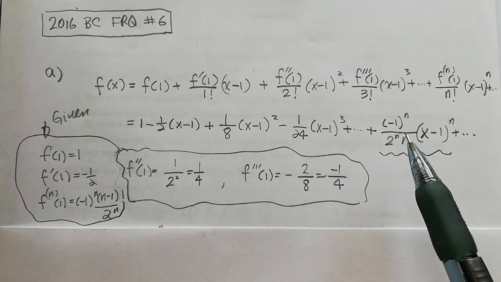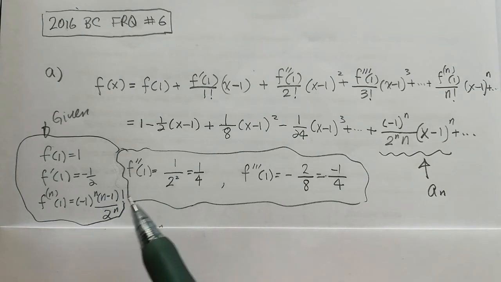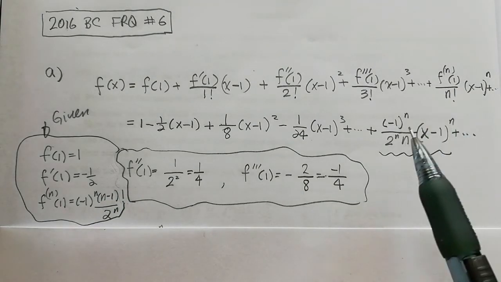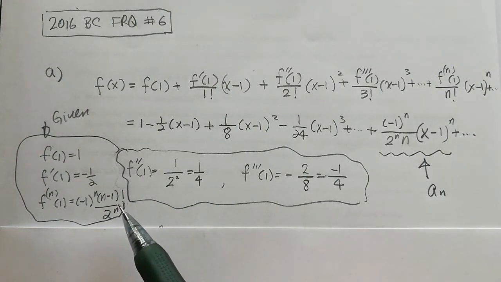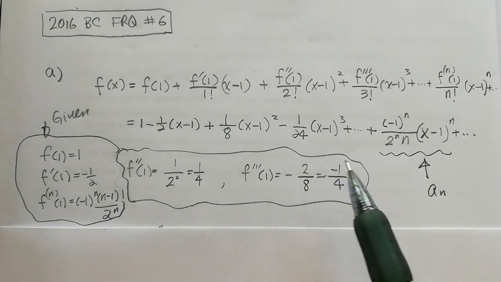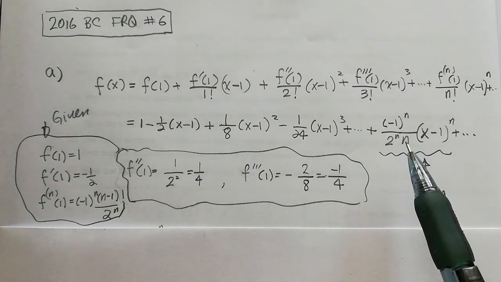And for the general term, I literally just substitute the derivative with this expression over here divided by n factorial. So this is n minus 1 factorial. So literally the factorials are canceled, so only n on the bottom will be there.